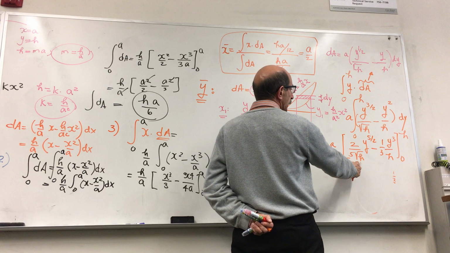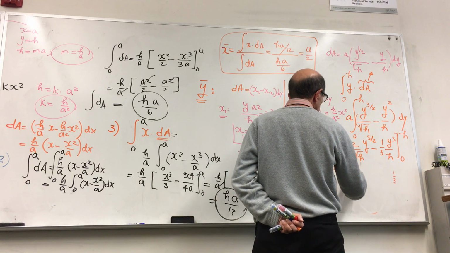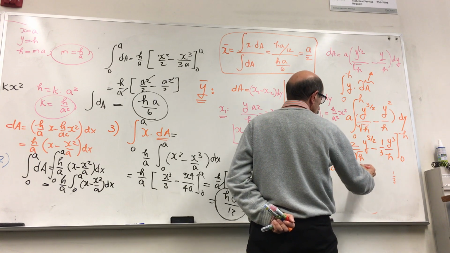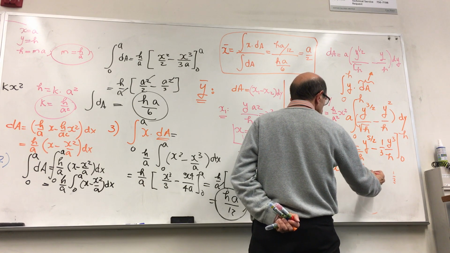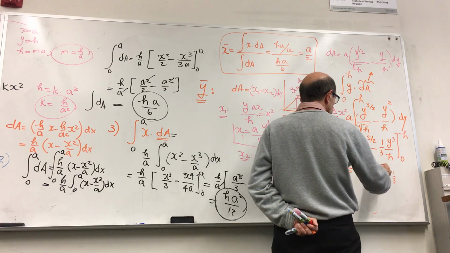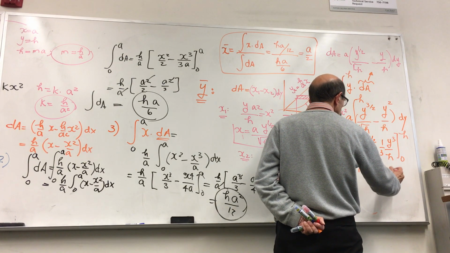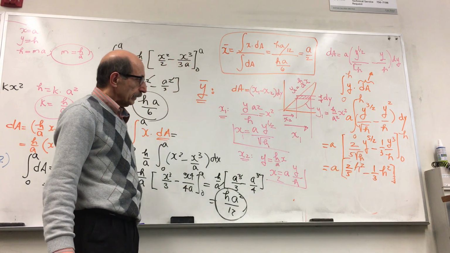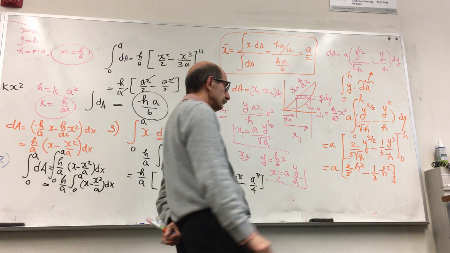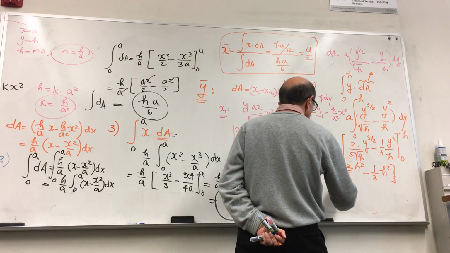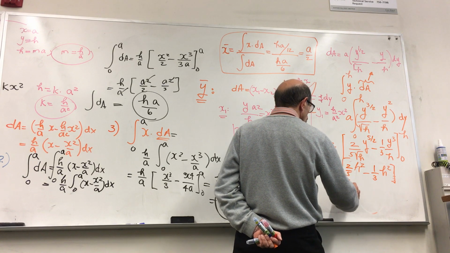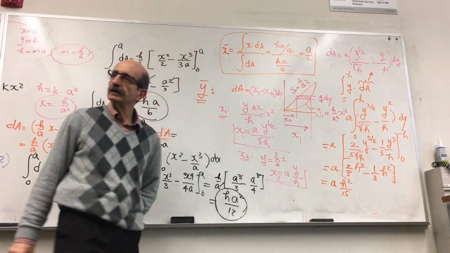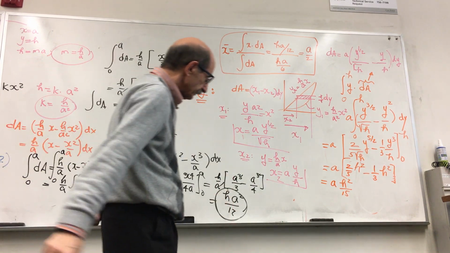And this is h to the 1/2, so that'll be 2/5 of h squared, because it would be h to the 4 divided by 2, so h squared, minus, same thing here, 1/3 of h squared. So that'll give me a h squared over 15. If I didn't make a mistake, that sounds right.